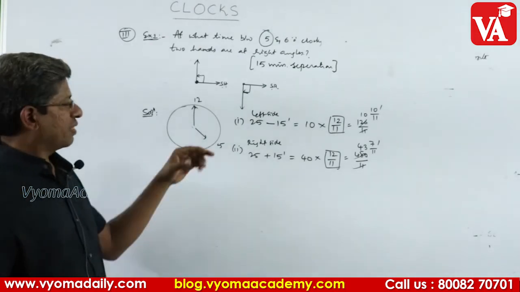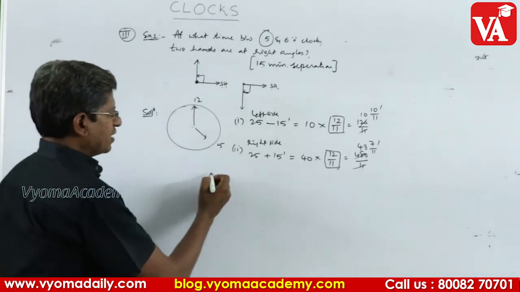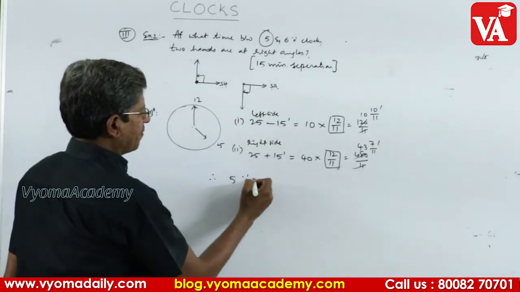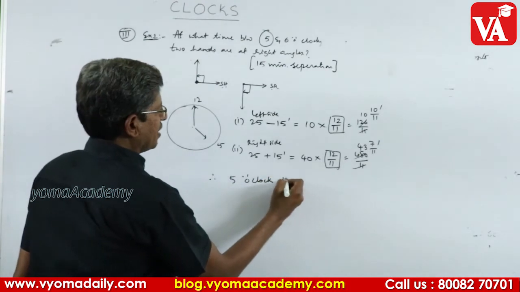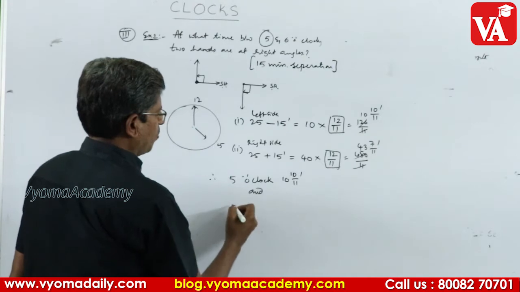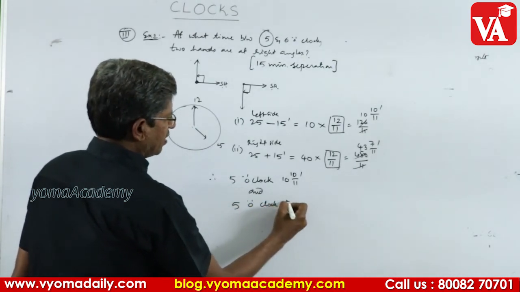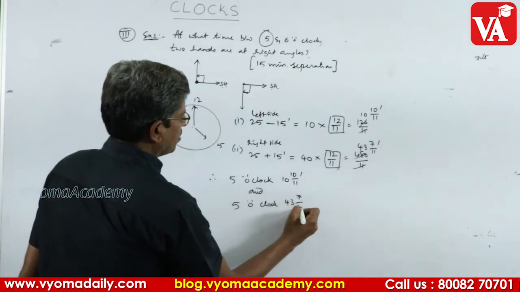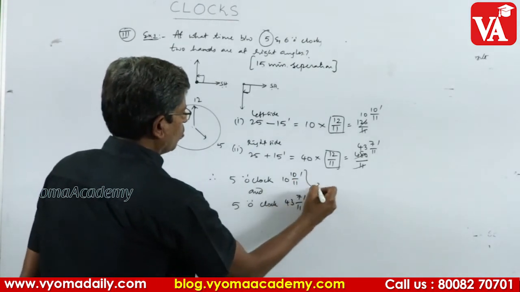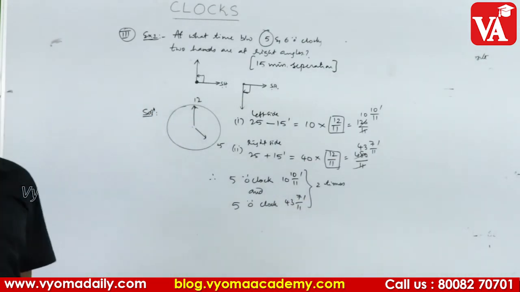One is the left side answer, the other is the right side answer. So the two answers are: 5 o'clock, 10 10 by 11 minutes, and also another time, 43 7 by 11 minutes. So two times we get right angles.